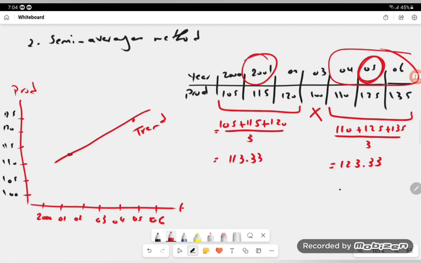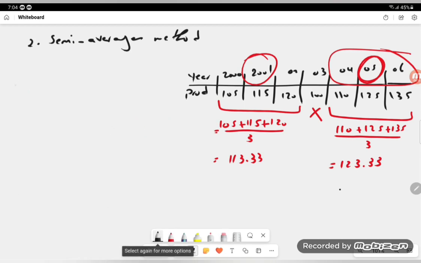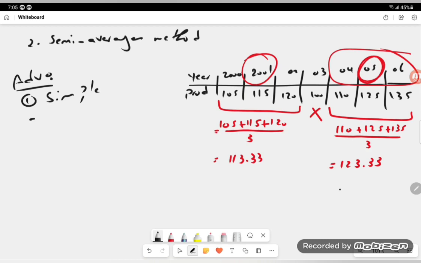So what are the main advantages and disadvantages of using this method? Number one, it's still simple. Doesn't require many calculations.